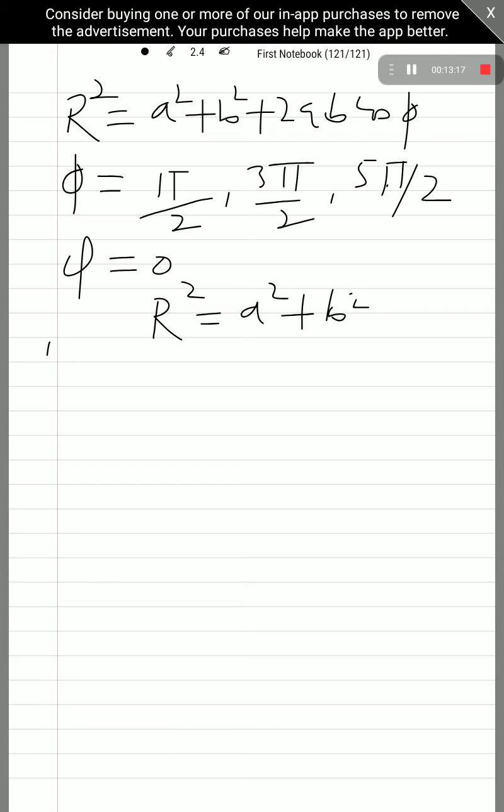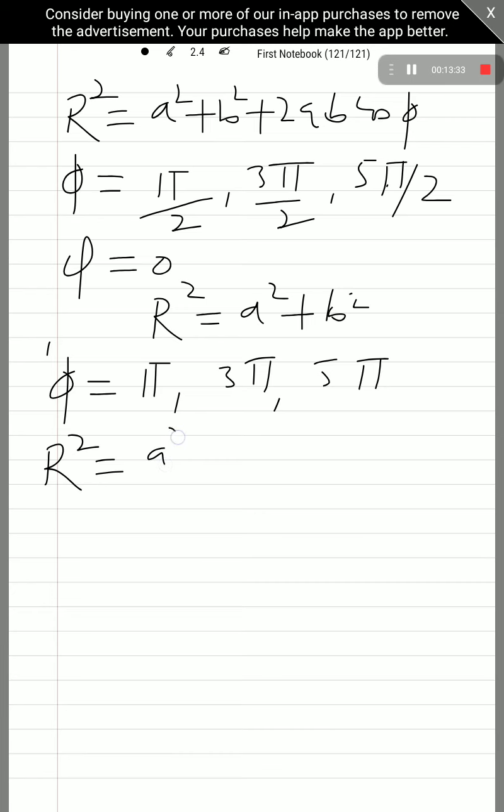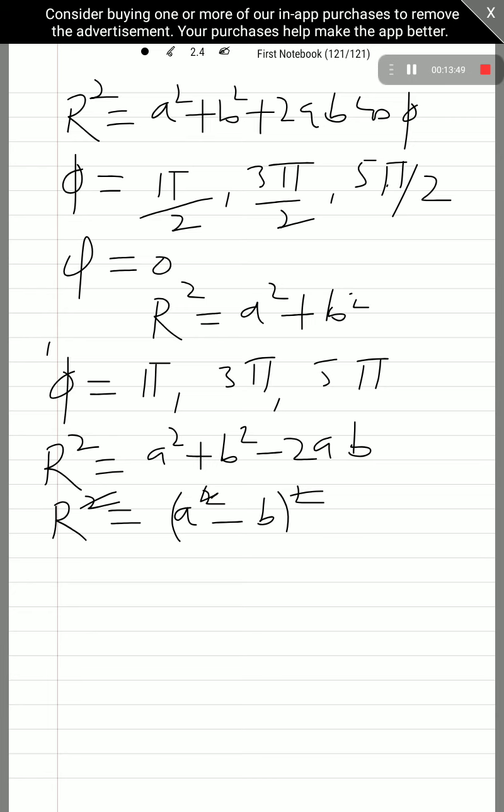And at phi values equal to pi, 3 pi, 5 pi, R square will be A square plus B square minus 2AB, so it will be simply (A minus B) square. So the square can be removed.